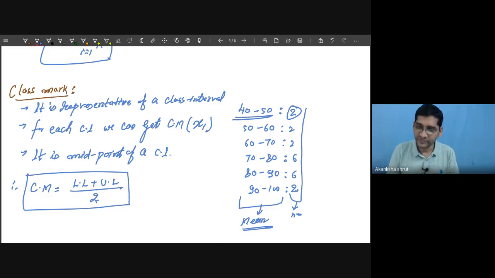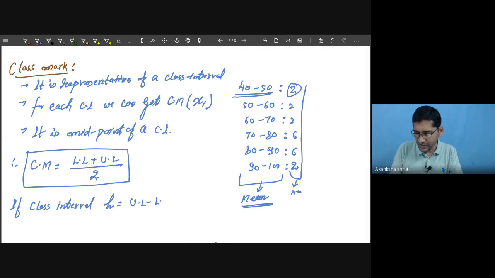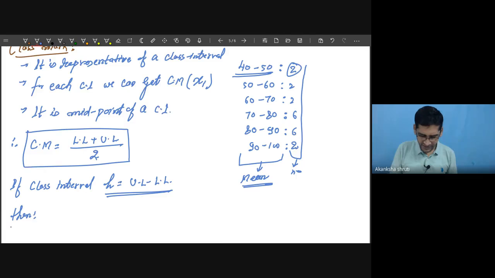There is another way of calculating this class mark in terms of class interval. The class interval is mostly denoted by h, and it is calculated as upper limit minus lower limit. Sometimes it is also denoted as delta h.